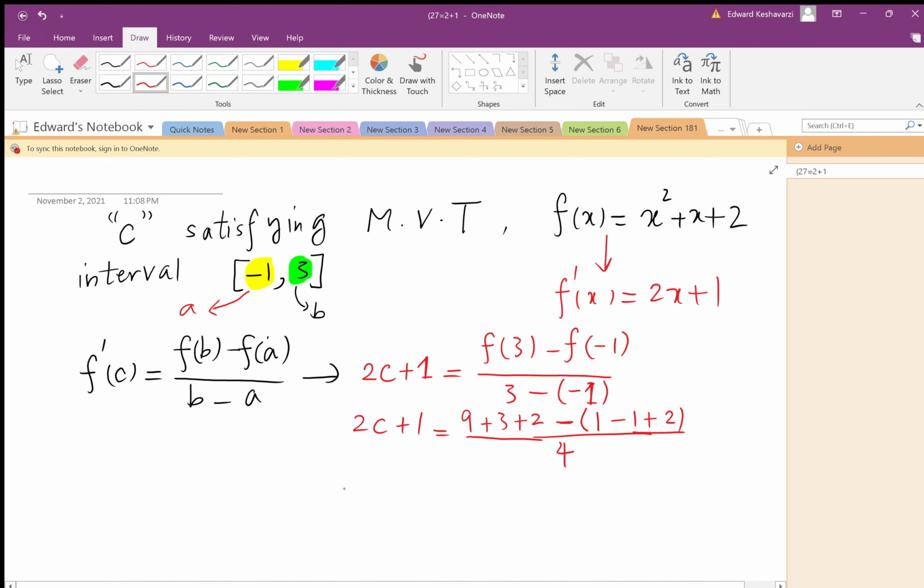Therefore 2c plus 1 equals 12 over 4. Therefore, 2c equals 2 and c equals 1. Since 1 is in between -1 and 3, we accept that value of c.